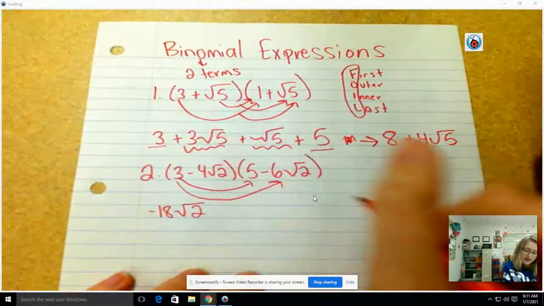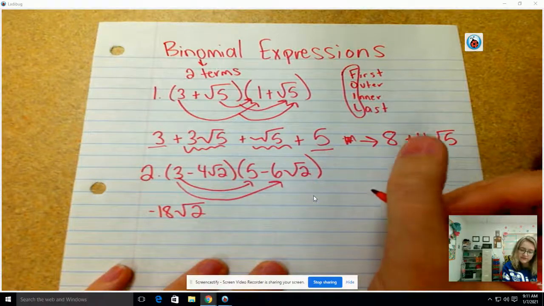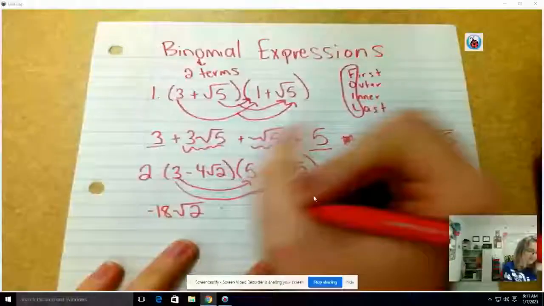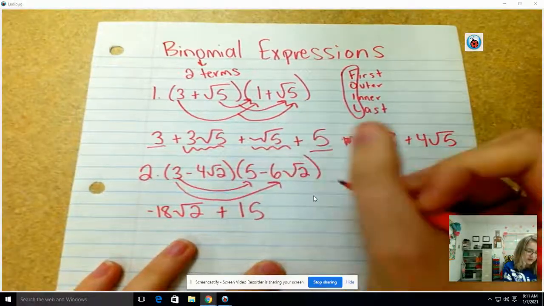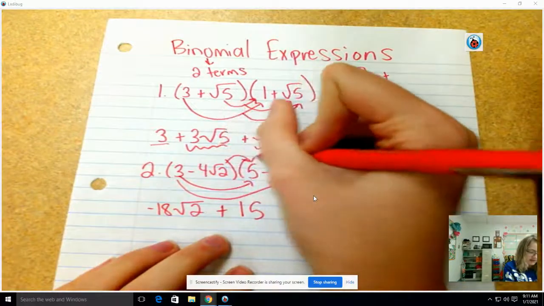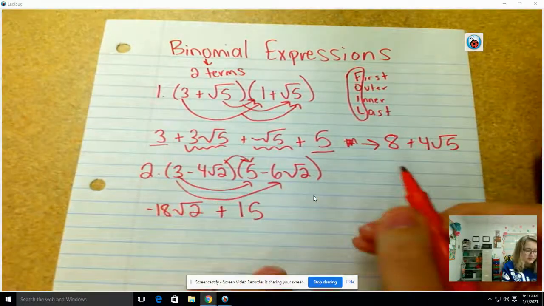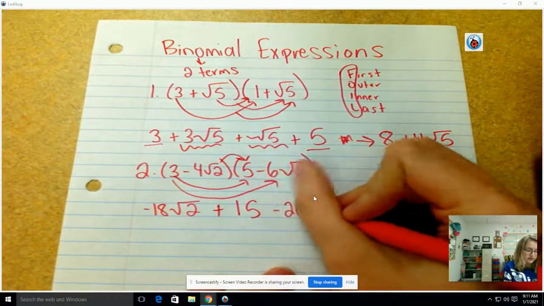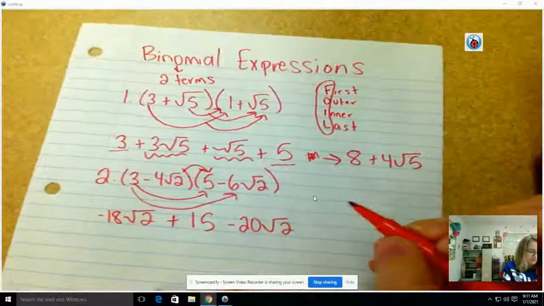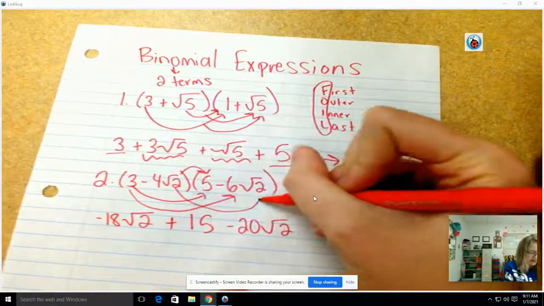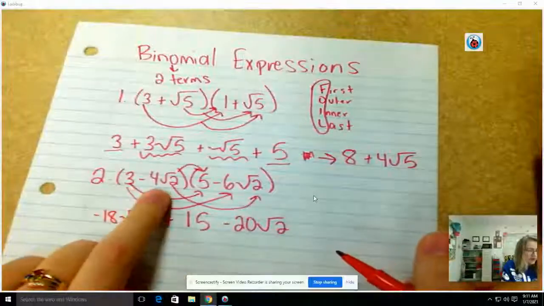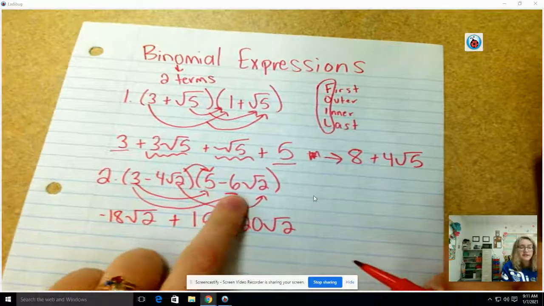Then 3 times 5 gives us 15, so plus 15 because it's positive. Then negative 4 radical 2 times 5 gives me negative 20 radical 2. And then negative 4 radical 2 times negative 6 radical 2.